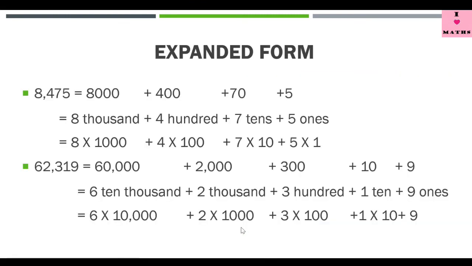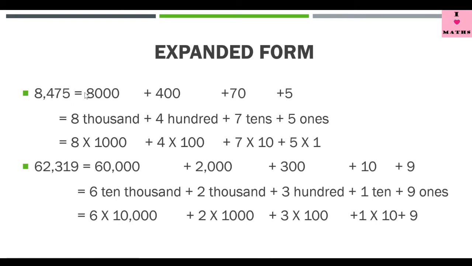Okay, now let us move to the favorite topic of yours, expanded form. I'm sure you must be finding it quite easy in your junior classes. Here the only difference is the numbers are going to become slightly bigger. 8,475.